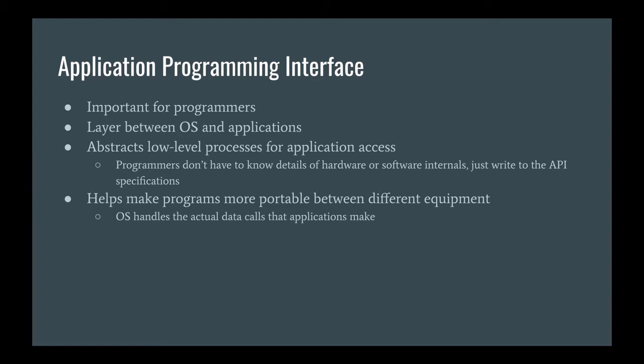And all the developer needs to care about is what goes into this black box and what type of data comes out so that they can use it. What's happening on the inside of this black box doesn't matter. And so that's why it can apply to hardware or software. The details of what's going on at that low level area of the hardware interaction or working with the software is irrelevant to the programmer.